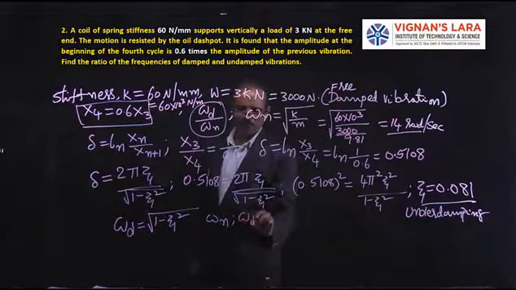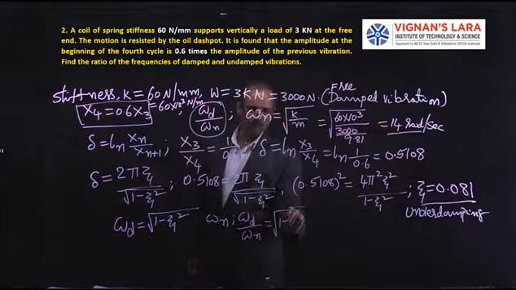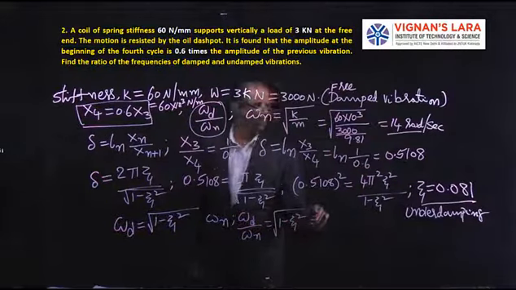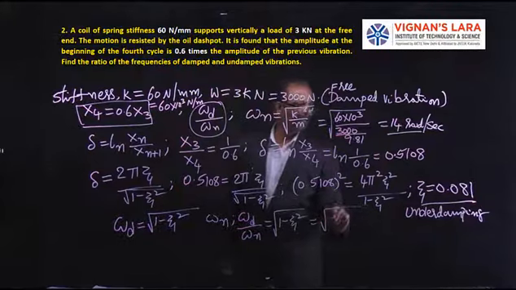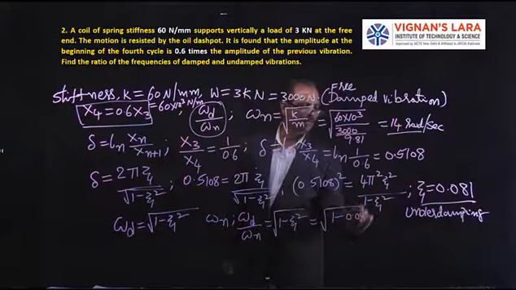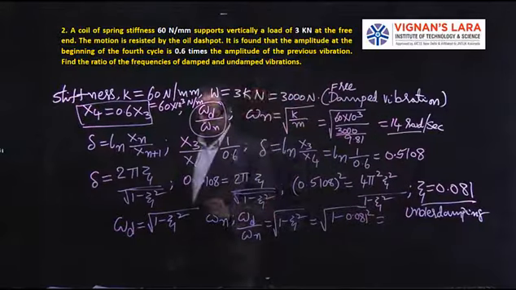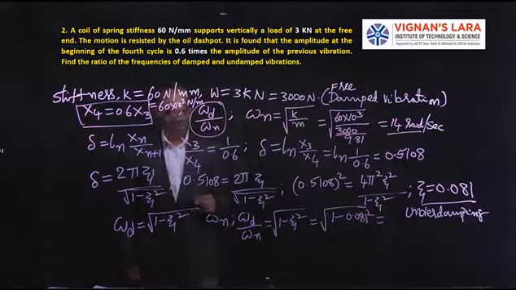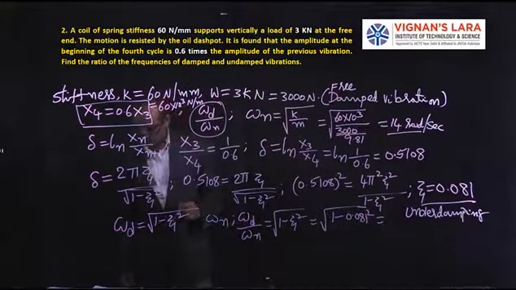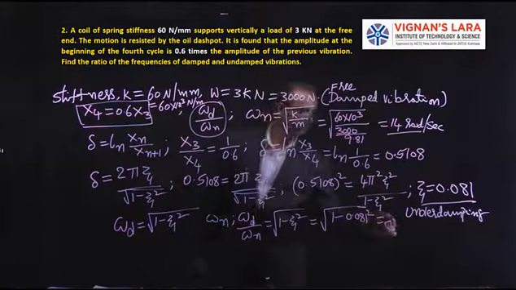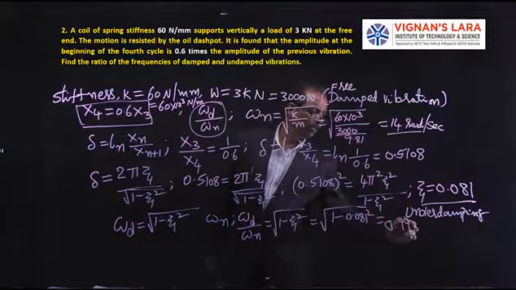Then omega d by omega n is root over 1 minus zeta square, that is, root over 1 minus 0.081 whole square. That gives 0.9934.